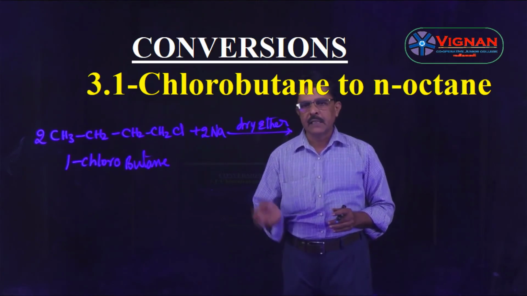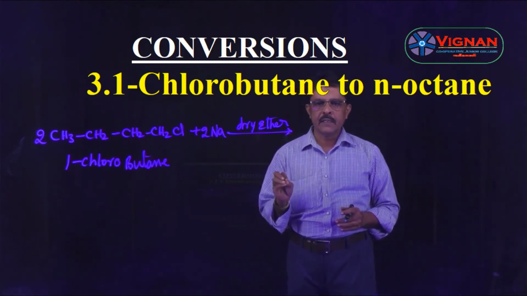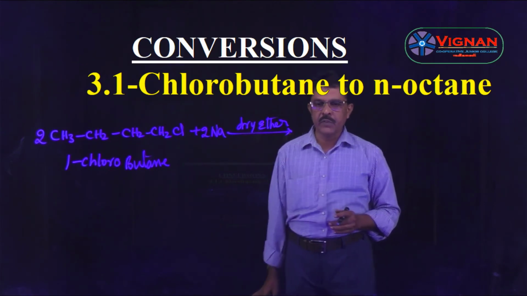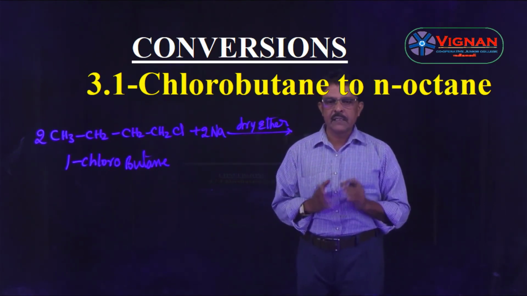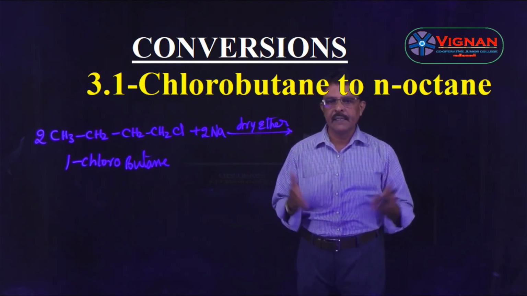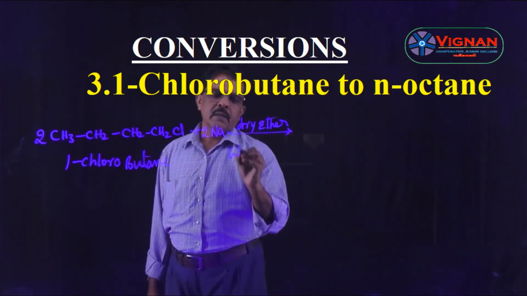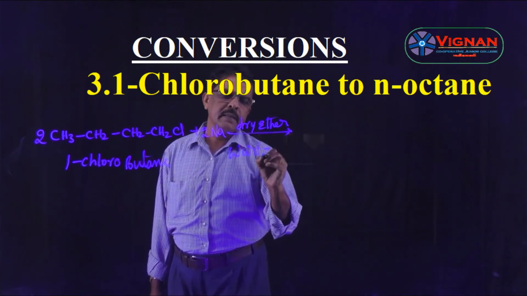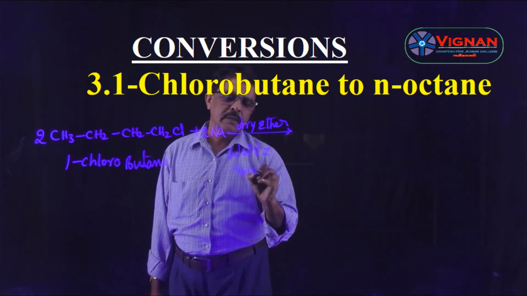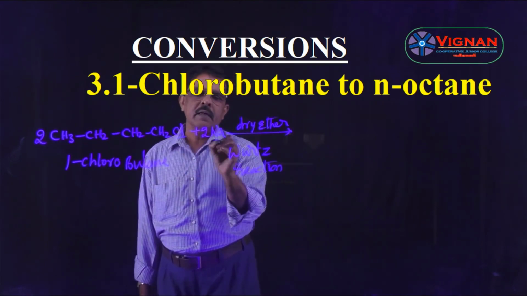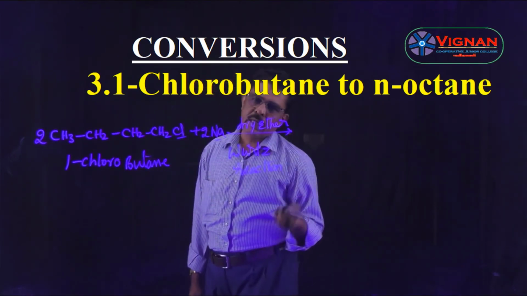Why? Because alkyl halide reacts with the sodium metal in the presence of dry ether is said to be Wurtz reaction. Wurtz reaction is useful to prepare the higher alkanes. So I will write here the name of reaction is Wurtz reaction. So what will happen here? This chlorine and sodium go out as NaCl.